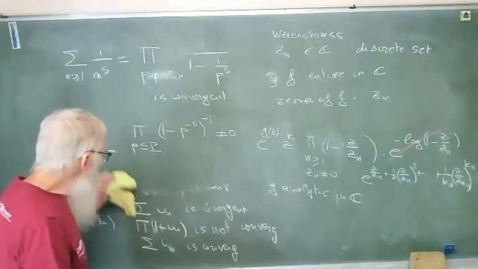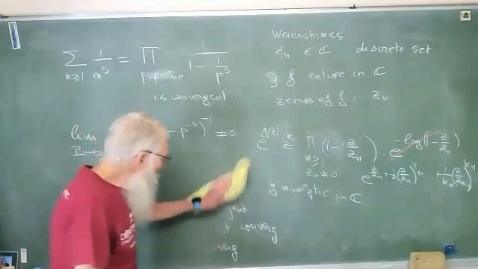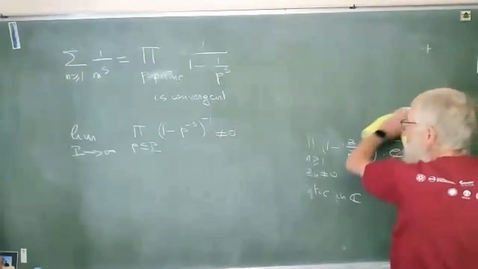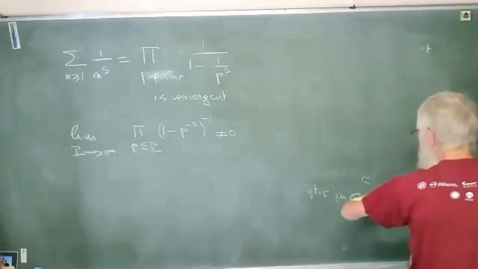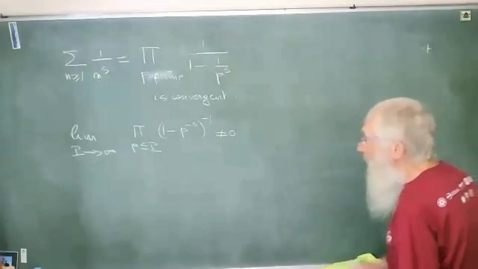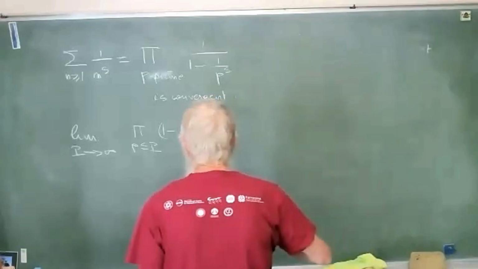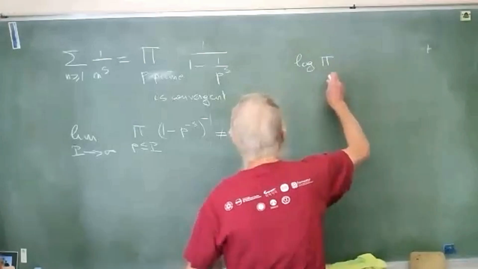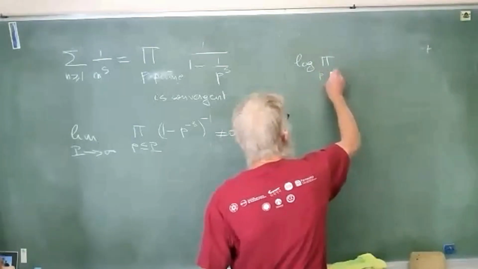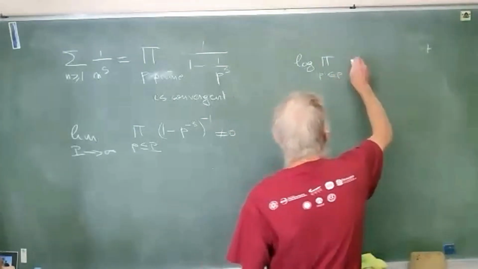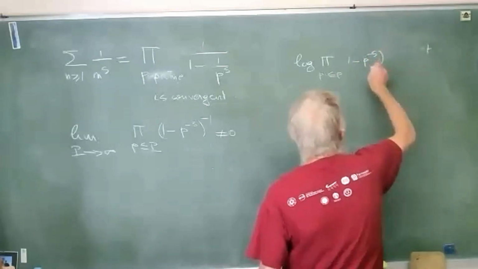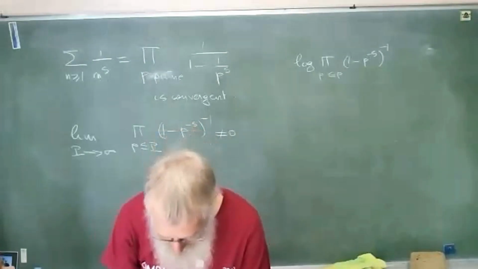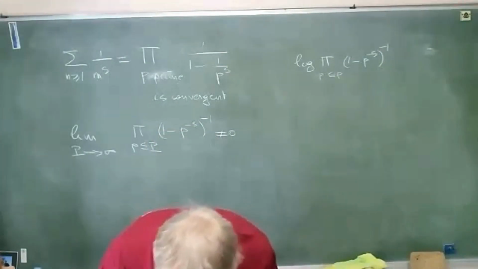So we have s, which is a real number greater than 1, p is at least 2, and so p to the minus s is less than 1, and so we can take the logarithm of this quantity. So we can take the logarithm of a finite product over p less than P of (1 minus p to the minus s) to the minus 1.